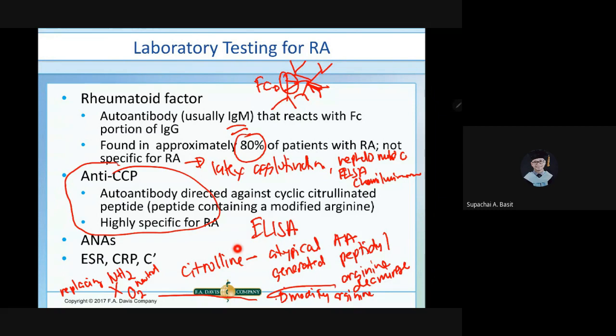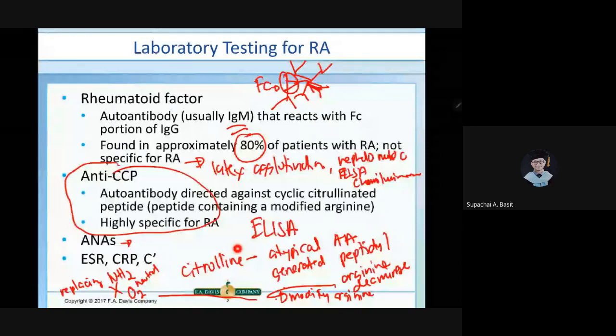So another way of testing for rheumatoid arthritis would be by means of anti-nuclear antibodies. So anti-nuclear antibodies, like what I told you, this one is not really specific for SLE.